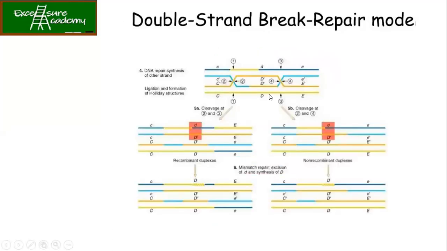Yeah. So you can see over here. So you can see that in this condition, you have got now two Holliday junctions. Yes, you are going to have here two Holliday junctions. जब एक था, so we had got those two scenarios.